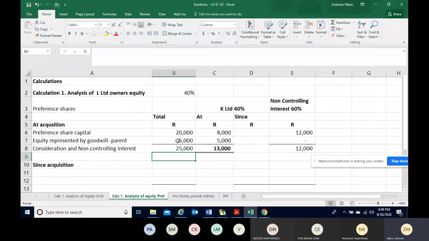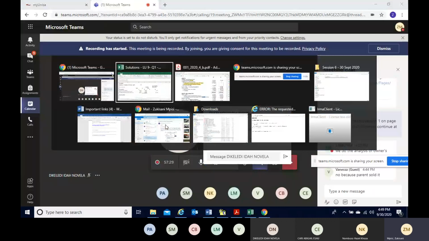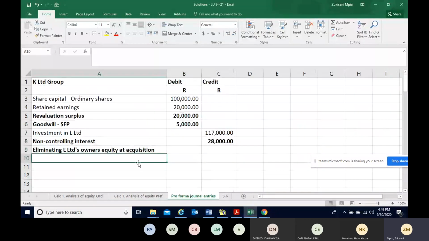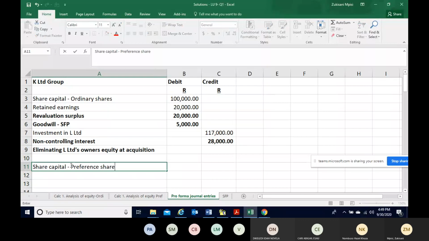So what I'm going to do, like I did in the other instance, I'm quickly going to do for you the pro forma journal entries for the preference shareholding. So in this case, we have share capital, which is going to be preference shares, 20,000.